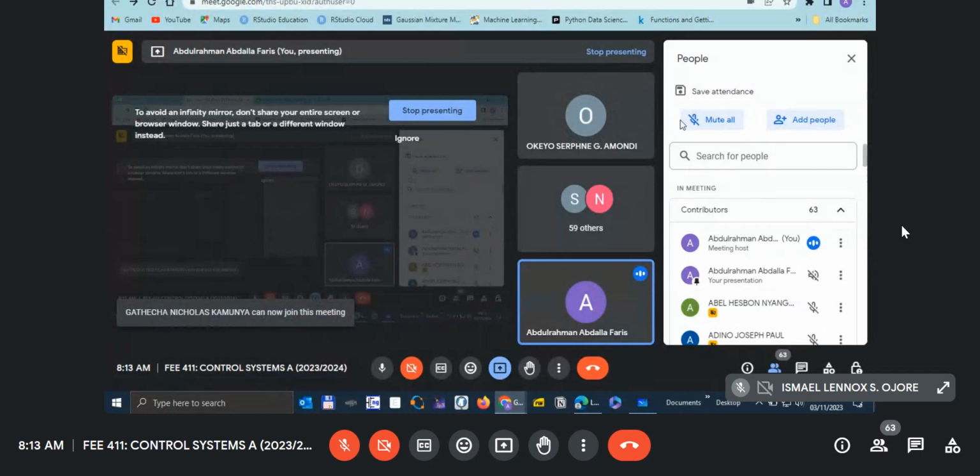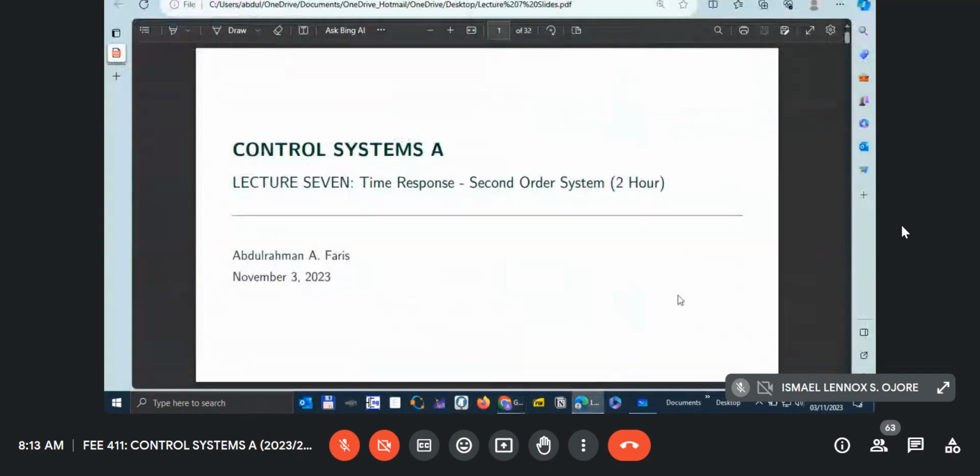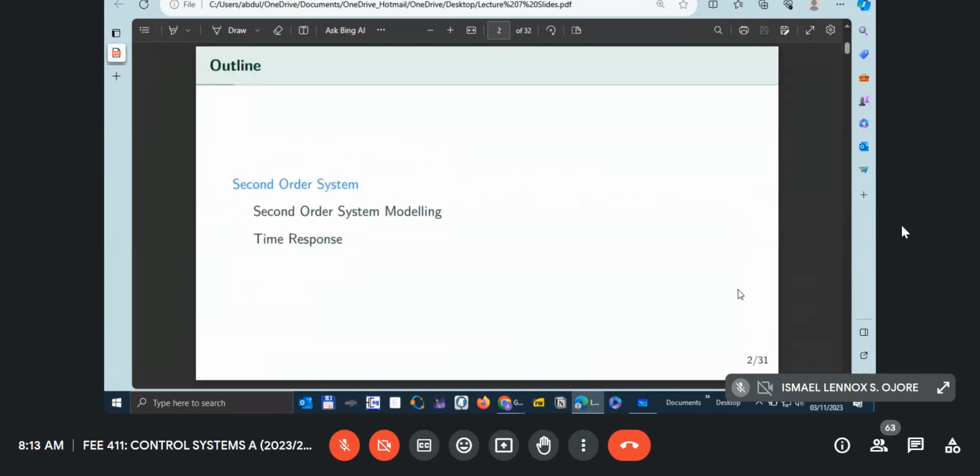Okay. So we'll proceed with time response for second order systems. First, we'll model our second order system and get a transfer function, which is the standard form of a second order system. Why is it important that we study second order systems?